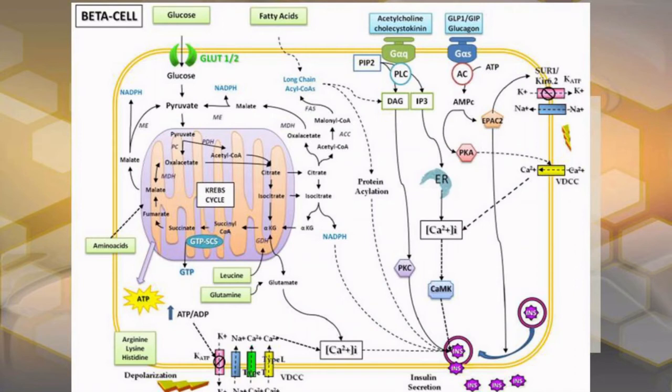Another factor is the glucagon receptor present on the cell surface, which is an adenyl cyclase activator, and the adenyl cyclase will synthesize cyclic AMP. The cyclic AMP will activate protein kinase A, and the protein kinase A further activates voltage dependent calcium channels, which will again increase the calcium concentration intracellularly.